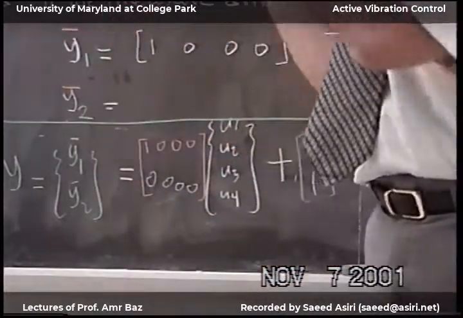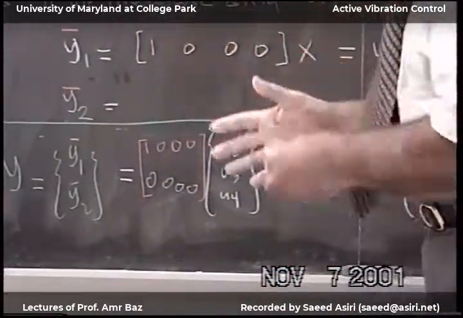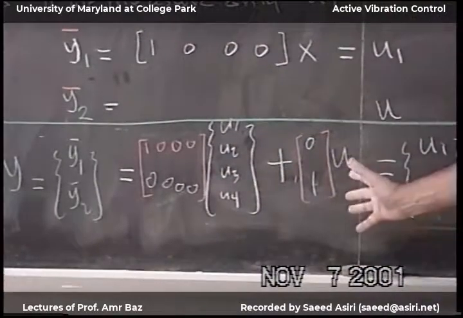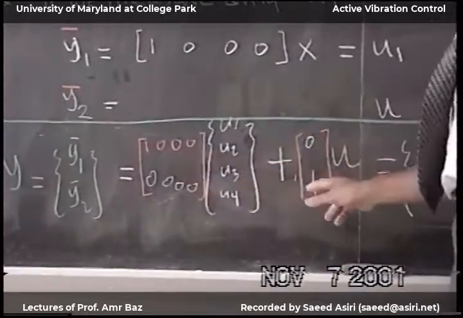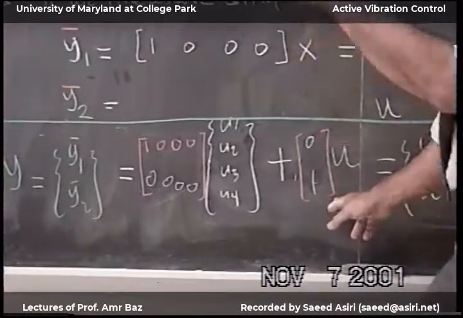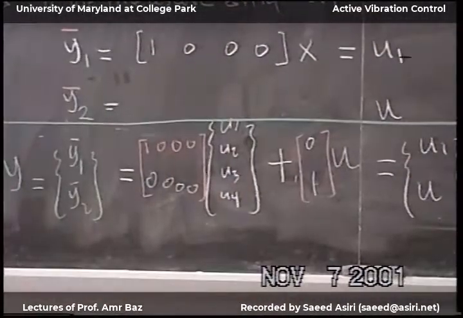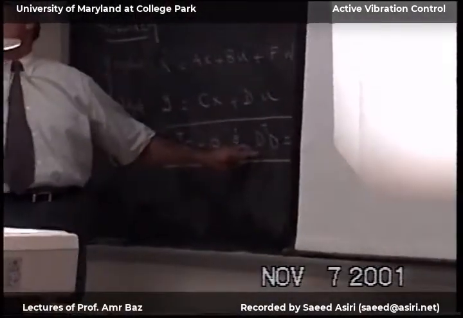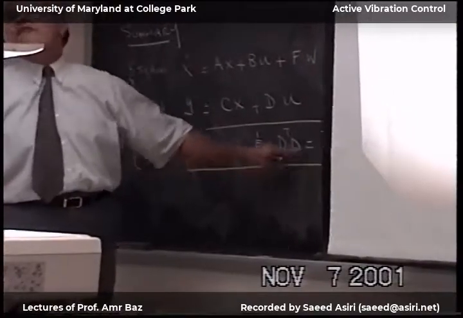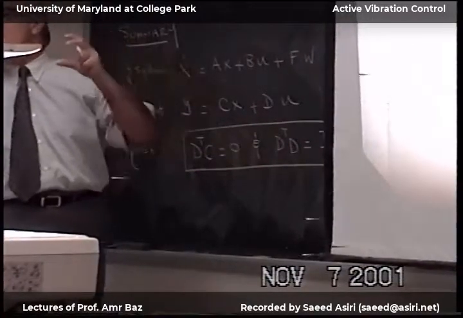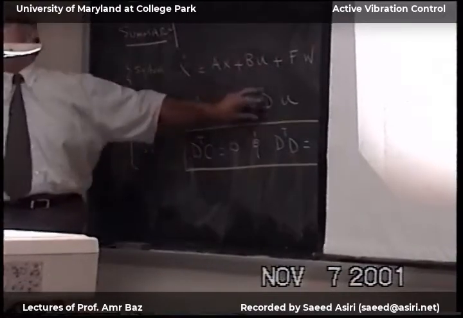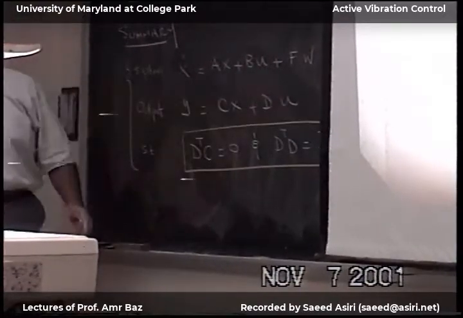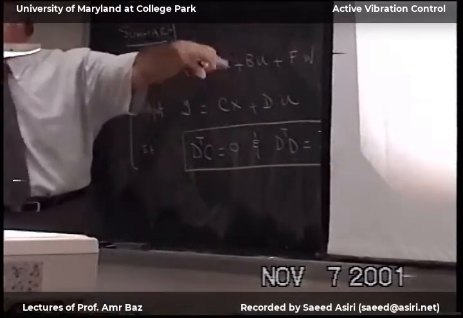So before you do the H infinity controller, you have to come up with this combination. Why this combination? If I take this and multiply it times the transpose, I satisfy this. If I take the last vector 0, 1 and transpose it and multiply it by itself, I satisfy this. So now everything is broken down, so I can get the vibration energy as well as the control energy. You have to come up with these two matrices.